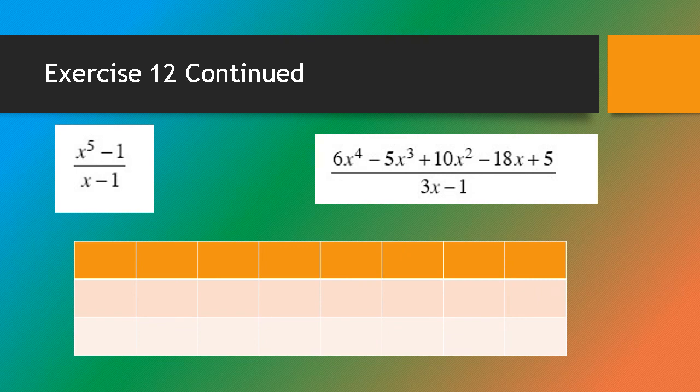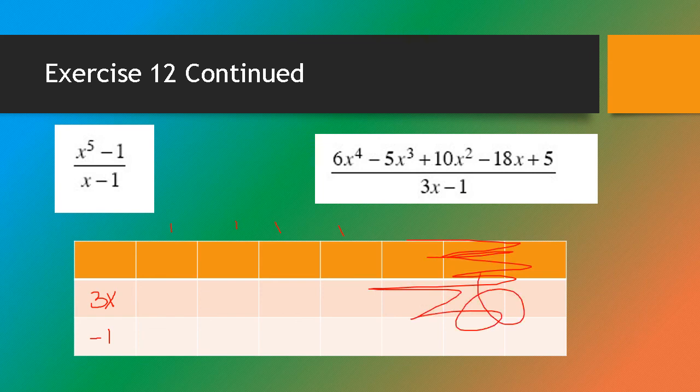Our last exercise, we are dividing a quartic by a linear, and here our dividing term is 3x minus 1, and because this is a quartic, we're going to need 4 columns: 1, 2, 3, 4. We don't need the last 3.